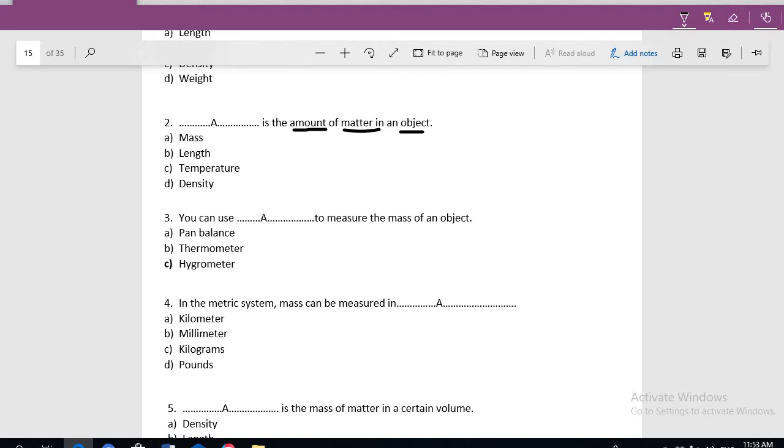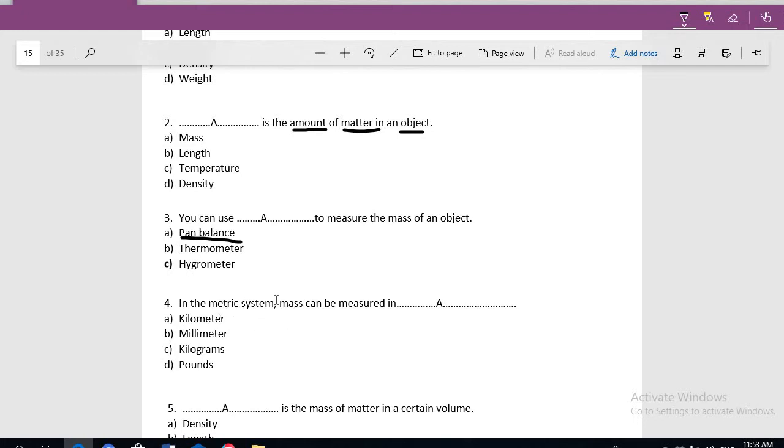If I want to measure the mass or weight of any object, I use a pan balance. We have two systems, the metric system and the US system.